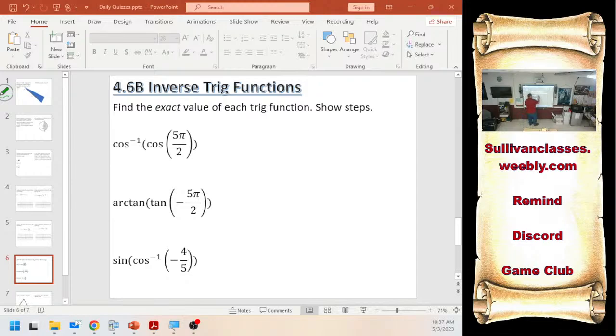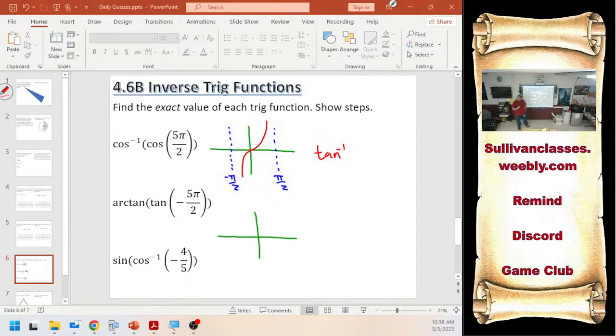Remember that tangent has asymptotes at negative pi over 2 and pi over 2, and its graph goes like this, right? So when I do arc tangent, I'm restricted into negative pi over 2 to pi over 2, quadrants 1 and 4.